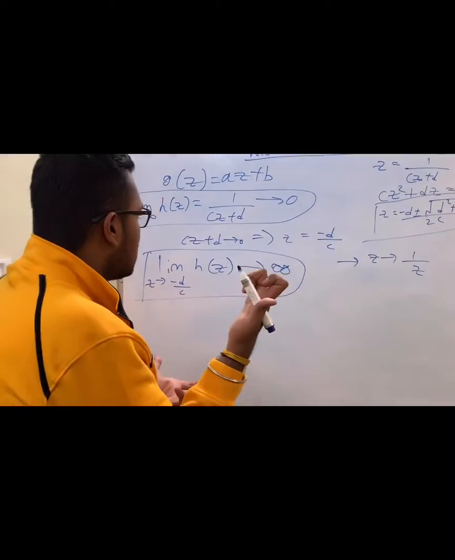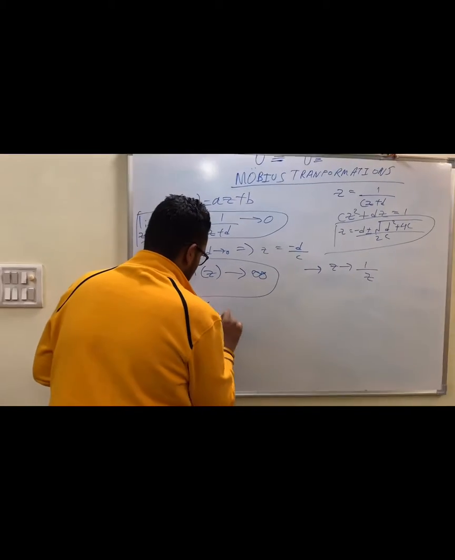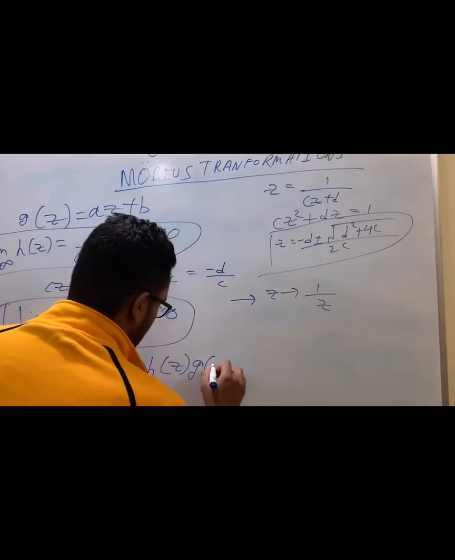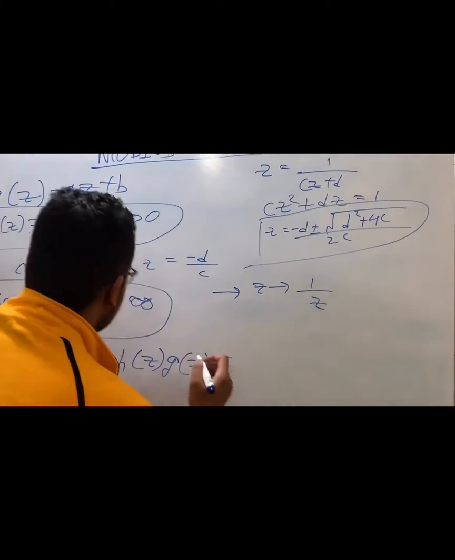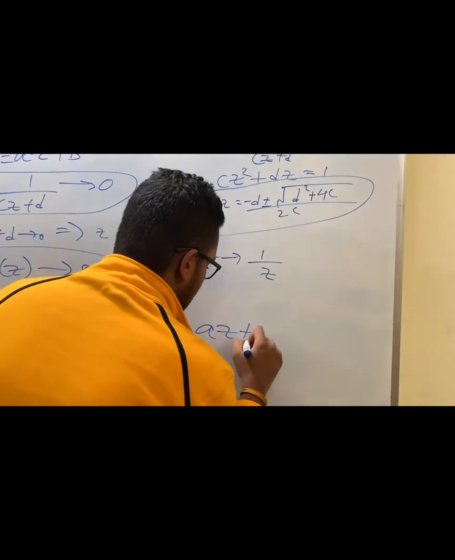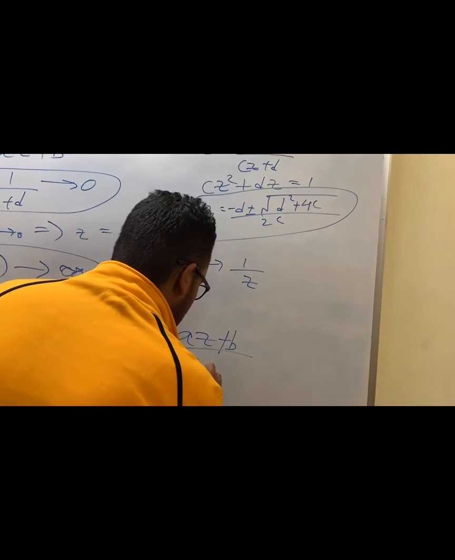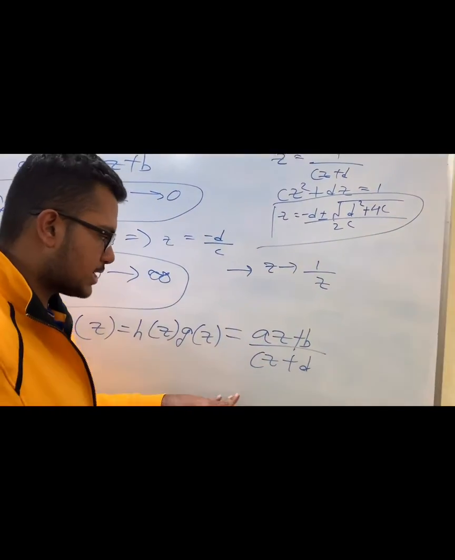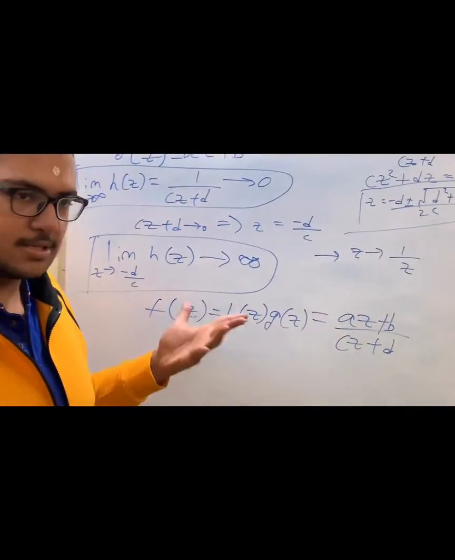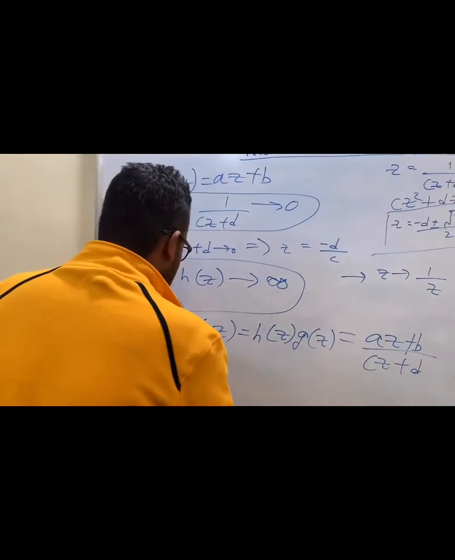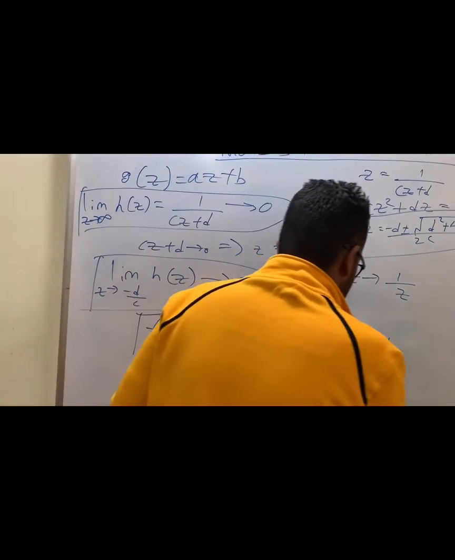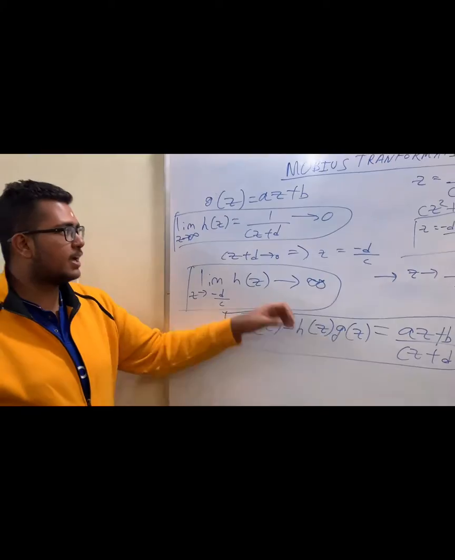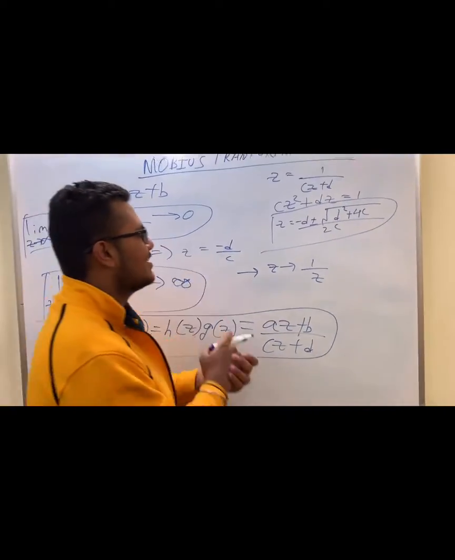So let's define a map f of z as h of z times g of z, and that is az plus b over cz plus d. Again, a, b, c, d are constants, but they are all complex numbers. And this mapping over here, my friends, is known as the Möbius transformation. Drum rolls!